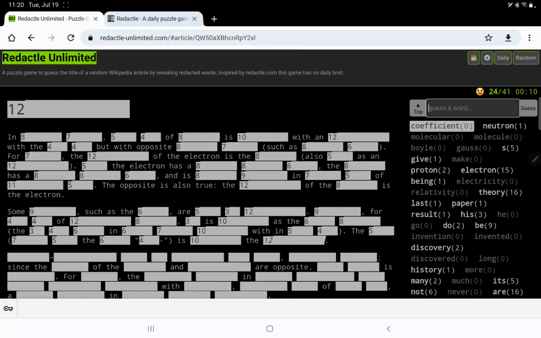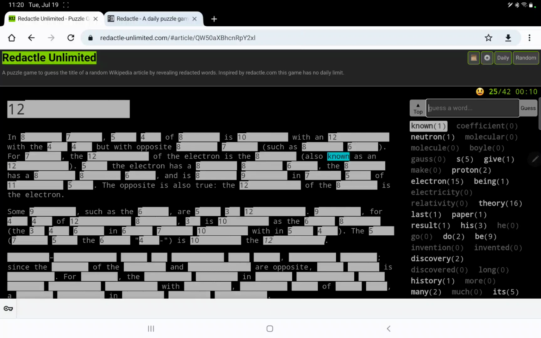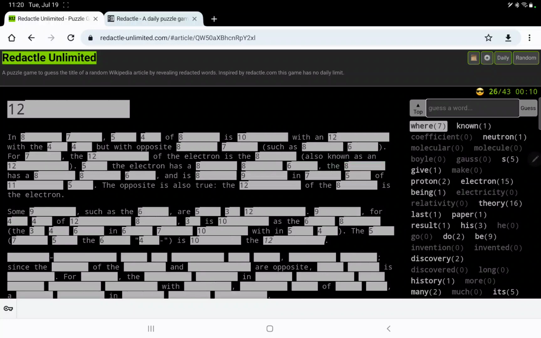Also known as, should have got that earlier, also known as an, and then a 12-letter word.